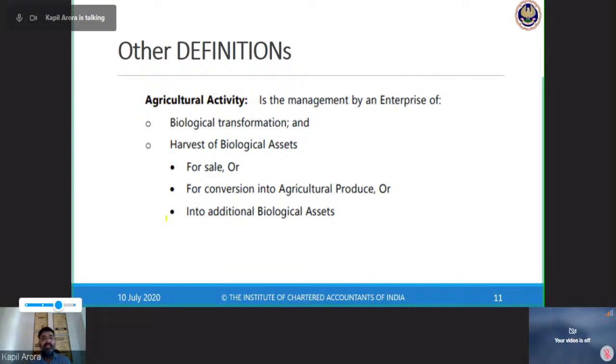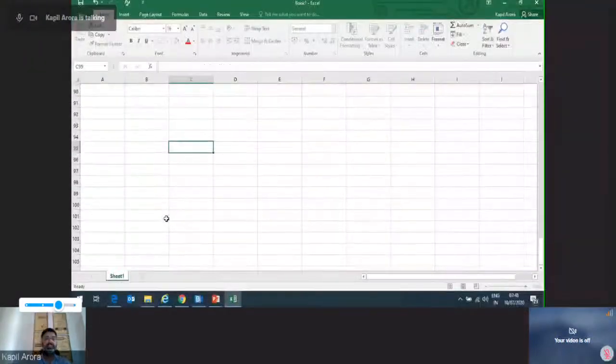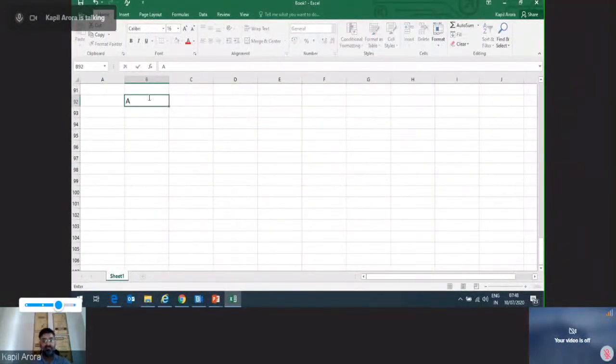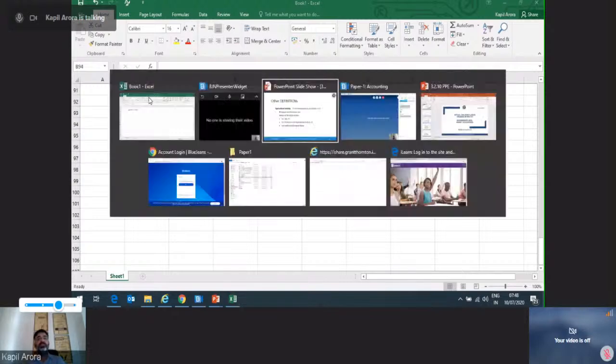So agricultural activity, what is it? When we were talking about agriculture activities, which agriculture assets we are talking about, which fall under agriculture activities? Which of these activities will be considered as agricultural activities? That is very important for us to know.